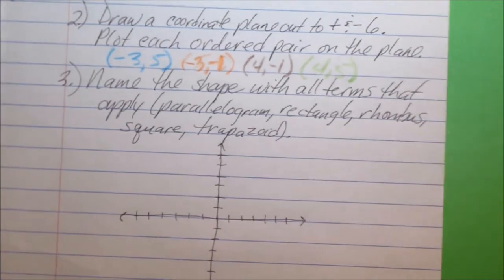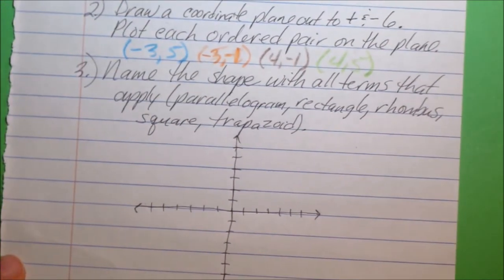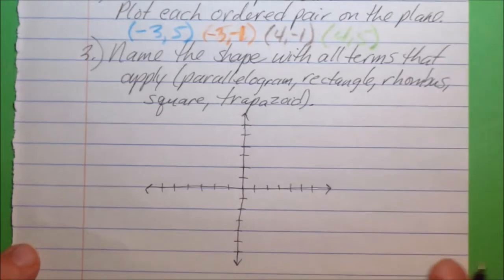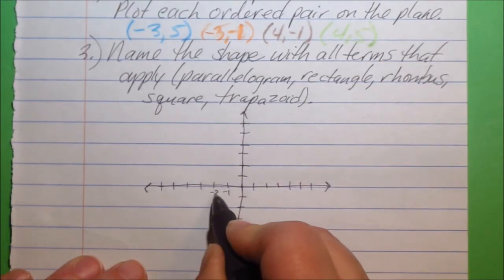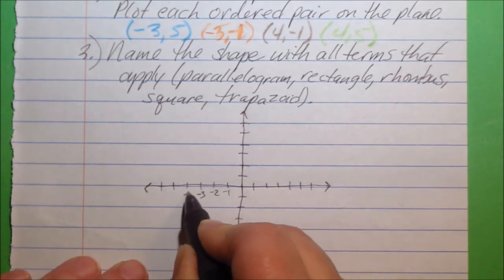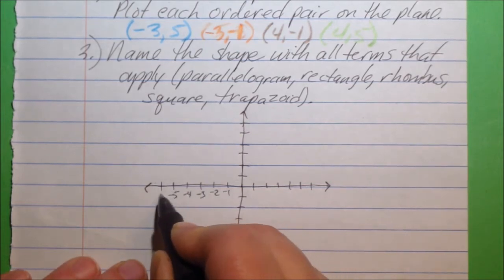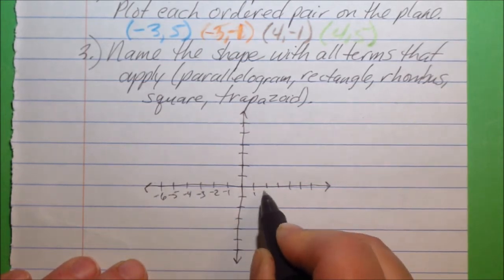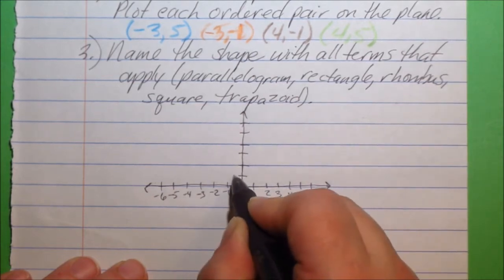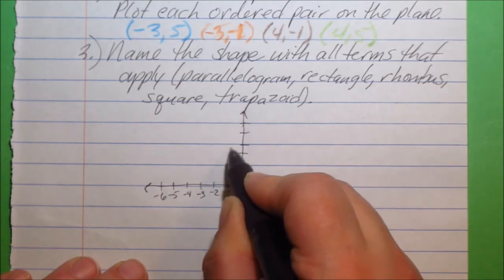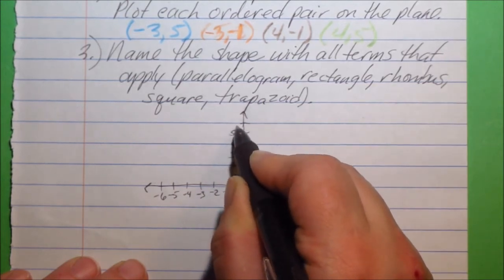All right, it says draw a coordinate plane. We did that. Plot each ordered pair on the plane. All right, so I'd better have some labeling here. -3, -4, -5, -6. 1, 2, 3, 4, 5, and 6.